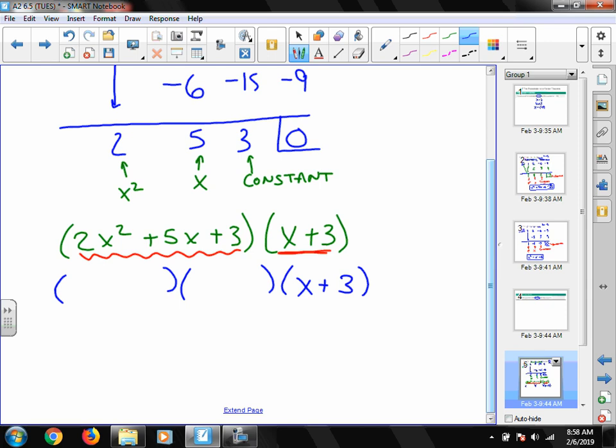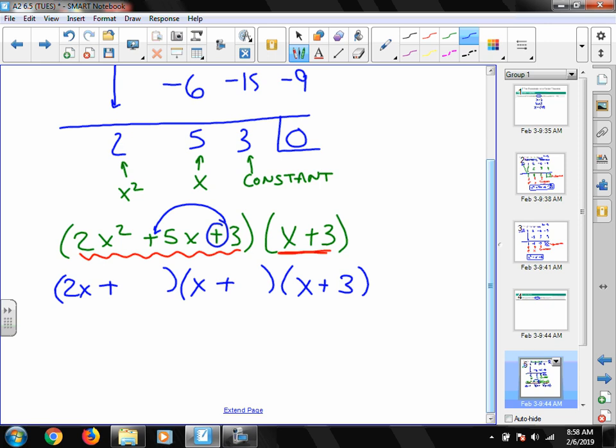So I'm going to ask myself what multiplies to 2x squared. Well, 2x and x do, so I'm going to put 2x in one set, x in the other set of parentheses. I look right here in front of my 3, and I see that that is a positive, which tells me that the signs are going to be the same. So I look forward to in front of the 5 to see that they're both going to be plus.